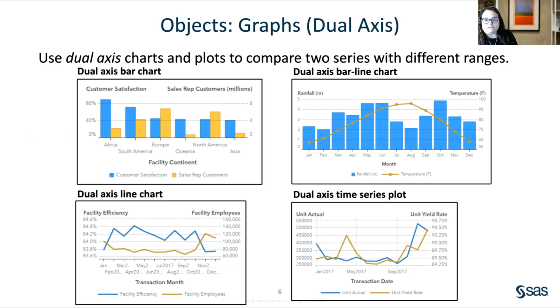We have lots of dual axes options, and these are fantastic when you have measures with different ranges. So we have percentages, and then we have millions, totals, values here. Here we have a count of employees, and then the facility efficiency rate, inches for the rainfall, temperature in Fahrenheit. So you can see lots of different options to display the data when you have different measures.